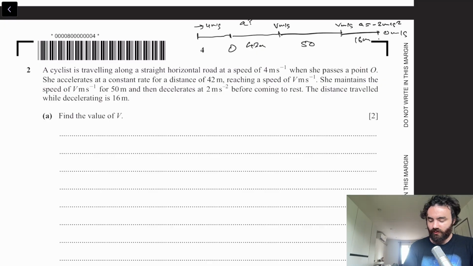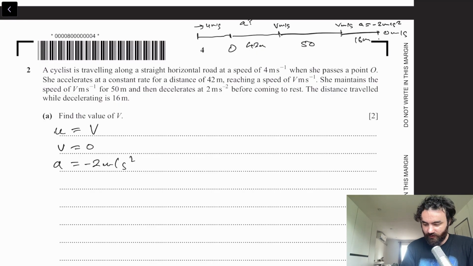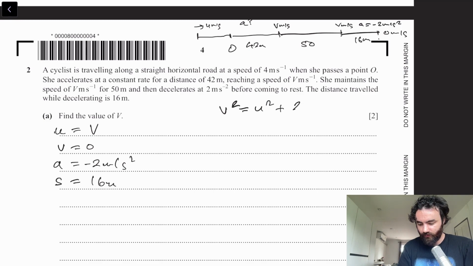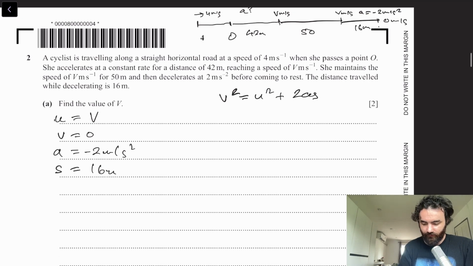For this final segment, our initial is v, our final is 0, our acceleration is minus 2 meters per second squared because we're decelerating, and our displacement is 16 meters. On your formula sheet you have the formula v squared equals u squared plus 2as.